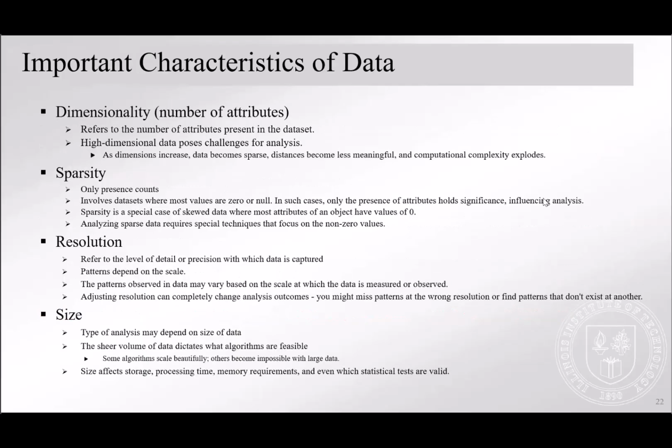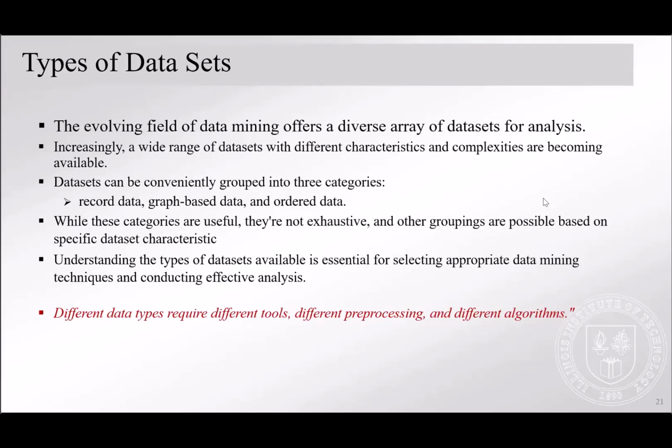Now that we have explored attribute types, let's look at how they come together in datasets. We can group datasets into three broad categories: record data, the familiar tabular format; graph-based data, which captures the relationships between entities; and ordered data, where sequence matters, like time series.